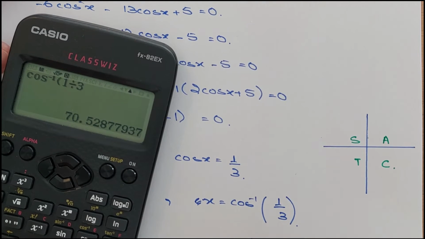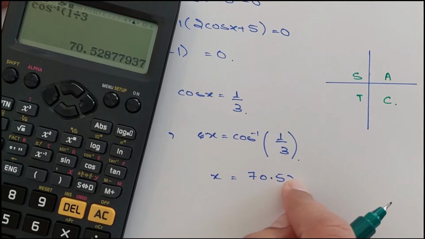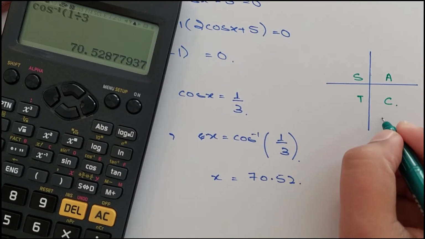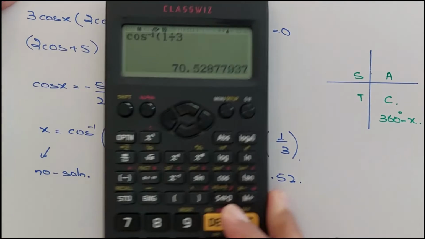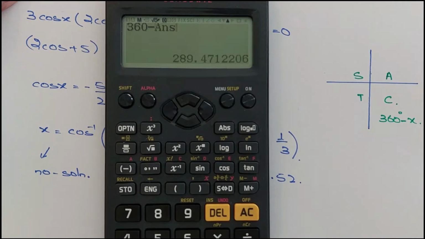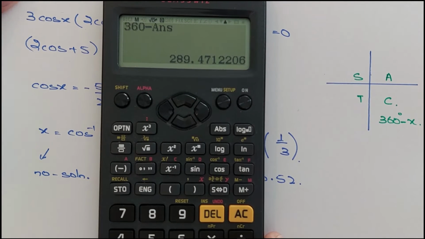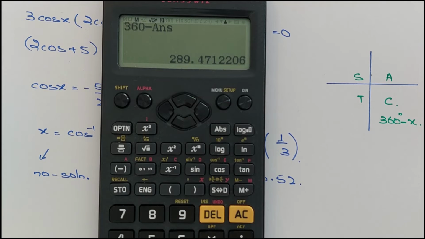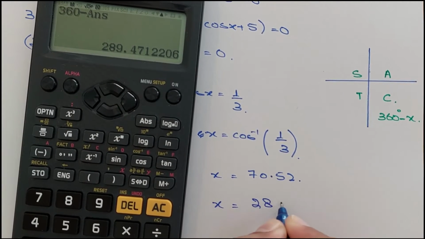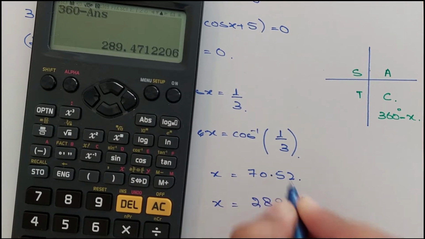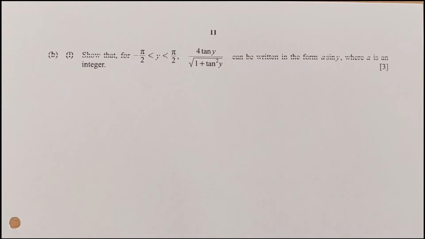This value is in the first quadrant, between 0 and 90. For the fourth quadrant we do 360 degrees minus the x value. 360 minus 70.52 is 289.48, which rounds to 289.5. So the other value of x is 289.5 degrees. These are the two values of x that satisfy the domain.